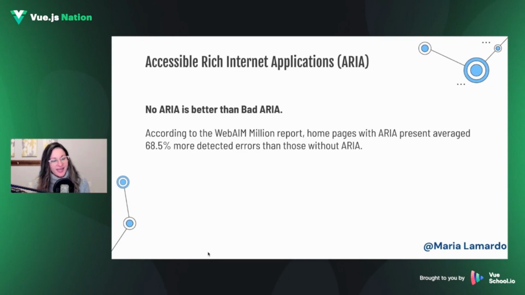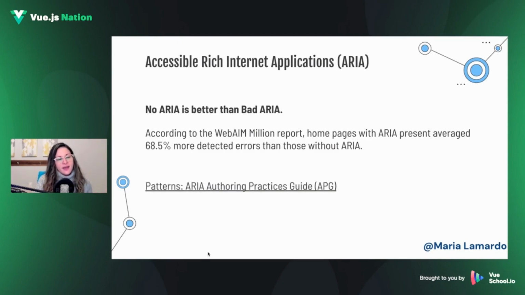And this is because if you misuse ARIA, you might actually break some of the native functionality that is built into HTML. When you misuse ARIA and aren't following those best practices, it doesn't communicate the right things to assistive technologies, and it might actually break that functionality. So again, really rely on the patterns in the ARIA authoring practices guide when you're using ARIA.